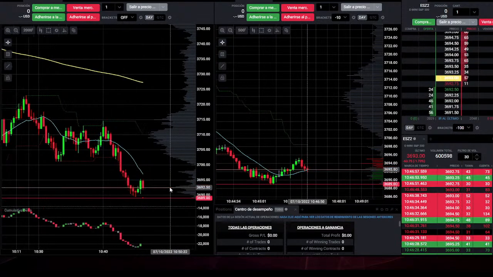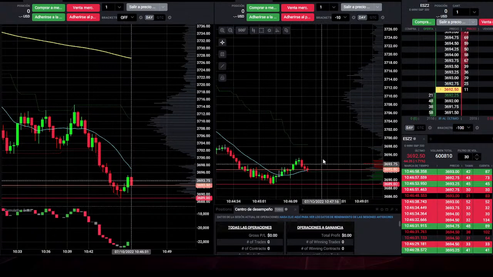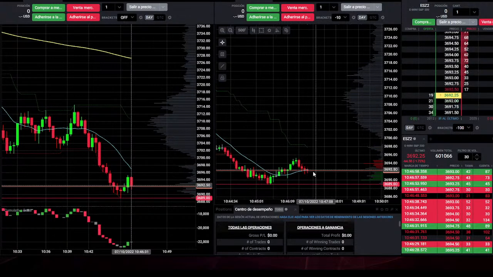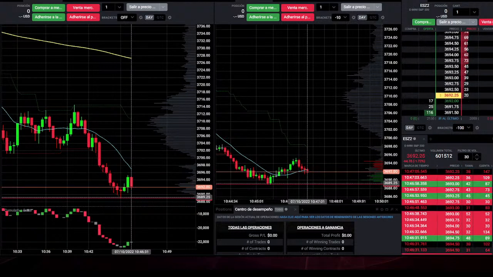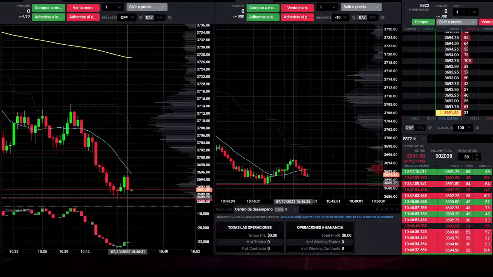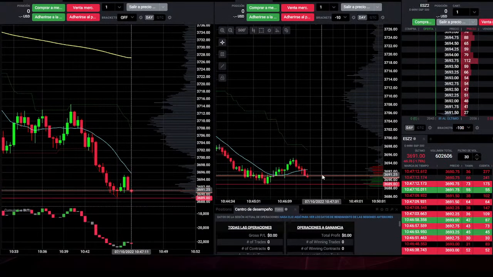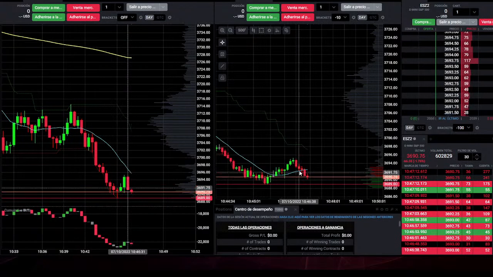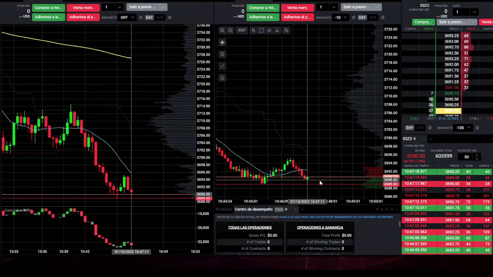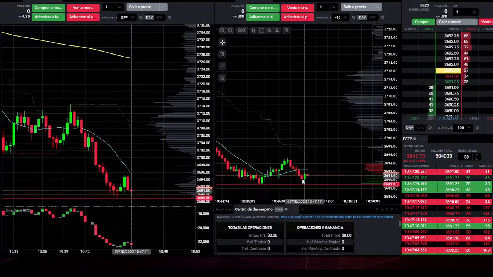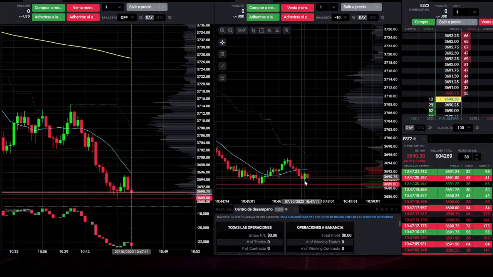I would like for the market to do another retrace, and then I will probably go on the low side. I'm not liking that it's going directly down. Well, there it goes. But this kind of move is what I'm aiming for.